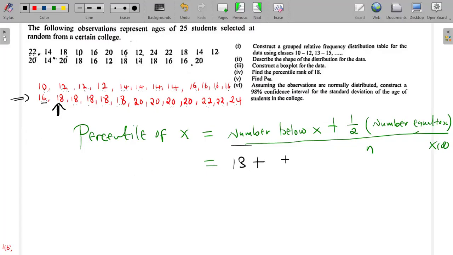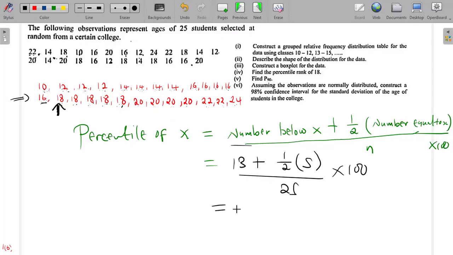Then plus 1 over 2 multiplied by the numbers that are equal to 18: 1, 2, 3, 4, 5. So that is 5. Then divided by the sample size 25, then multiplied by 100.